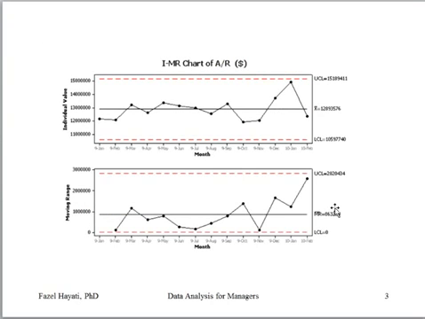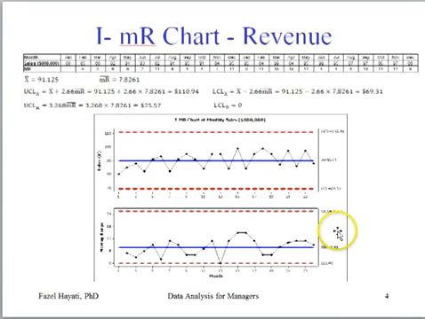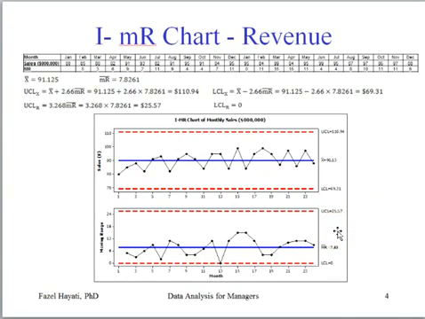This is the same chart. Again, you see that the process is in statistical control and predictable. This is another example of a monthly revenue, an individual and moving range chart. Here we show how to calculate the upper and lower control limits for the upper chart and the lower chart.